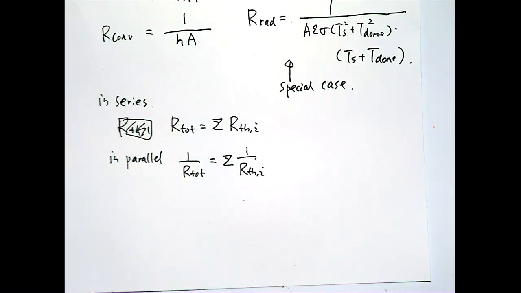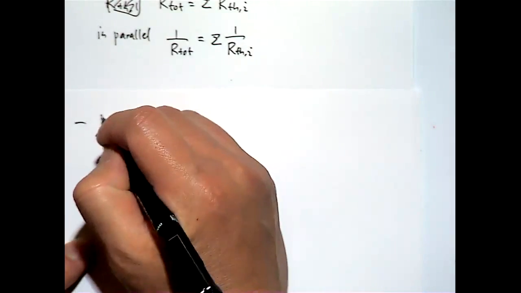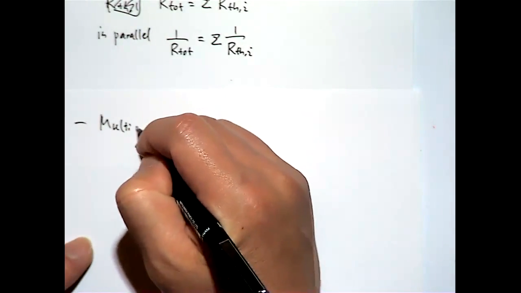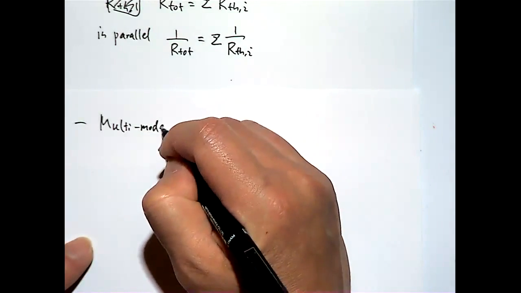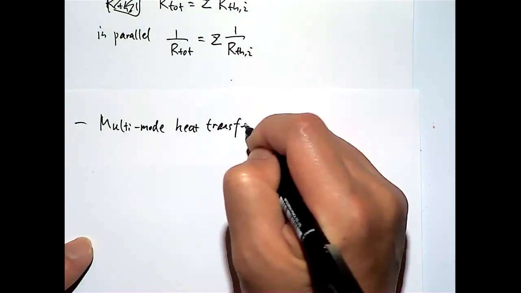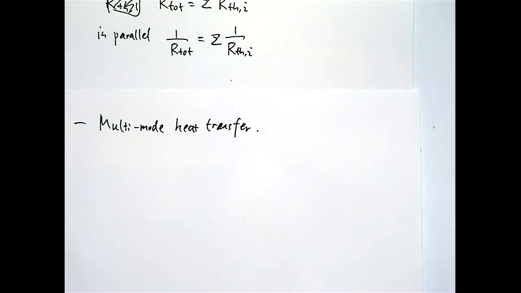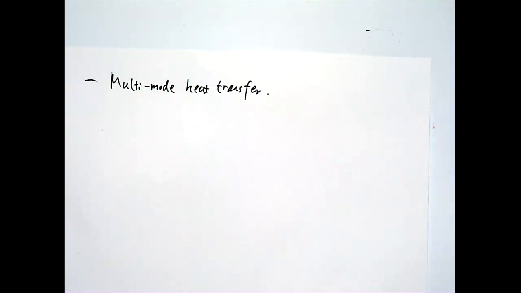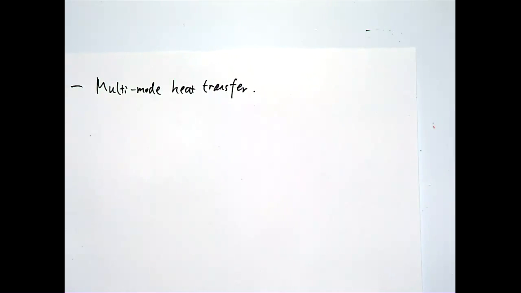So what we typically deal with, except for the theoretical study, is indeed multi-mode heat transfer. So let's look at an example so that we have an idea. There are a few problems in the next tutorial dealing with multi-mode heat transfer.